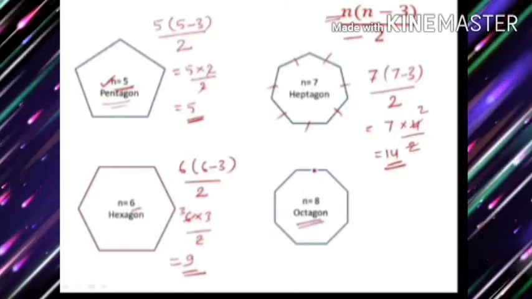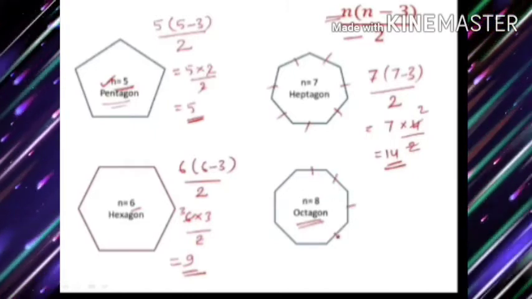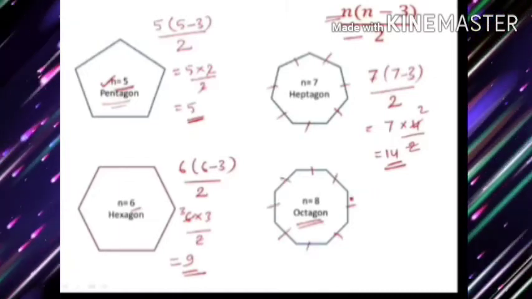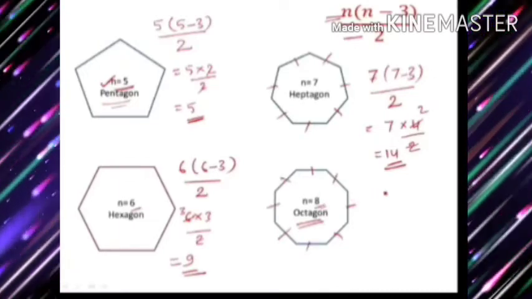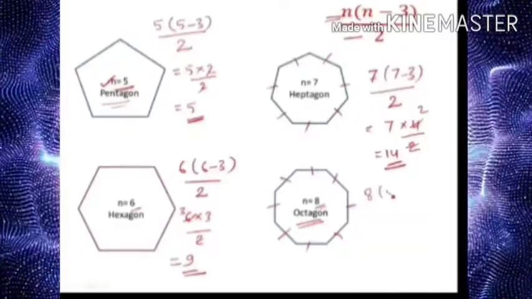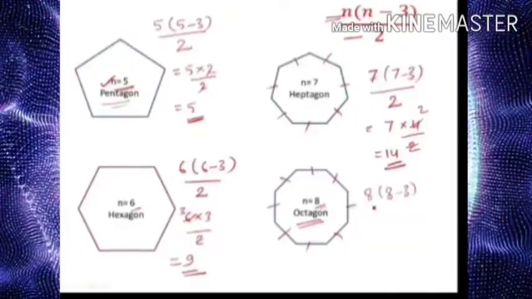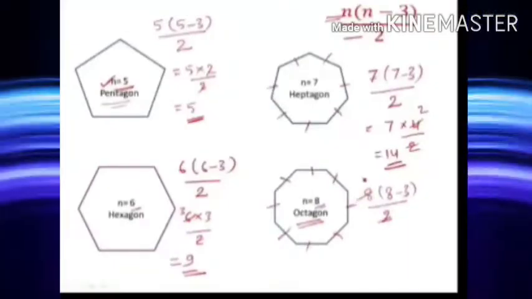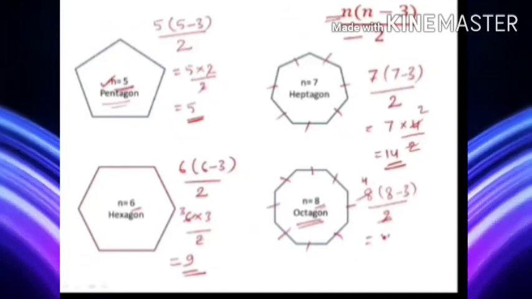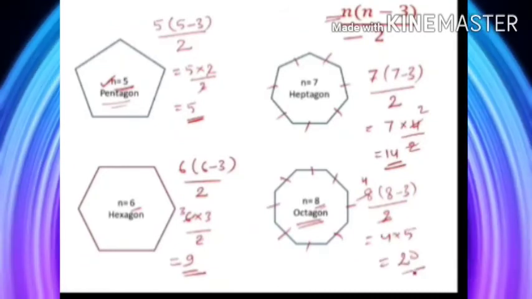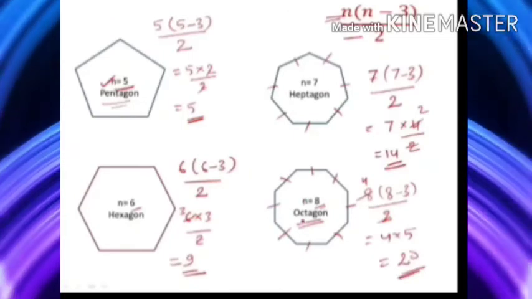In an octagon, number of sides is 8. Put in the formula the value of n as 8. 8 into 8 minus 3 upon 2. That is equal to 4 into 5, which is equal to 20. So our answer is 20.